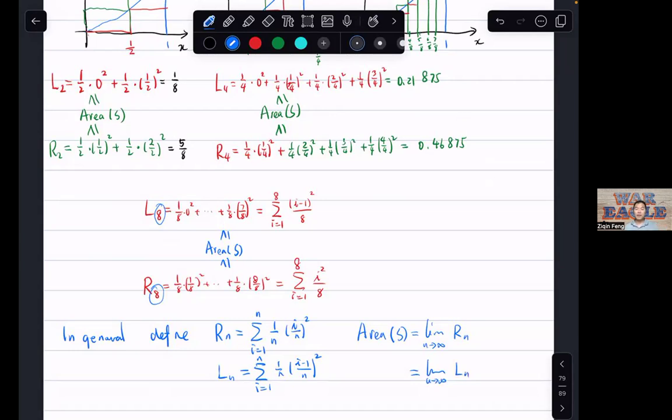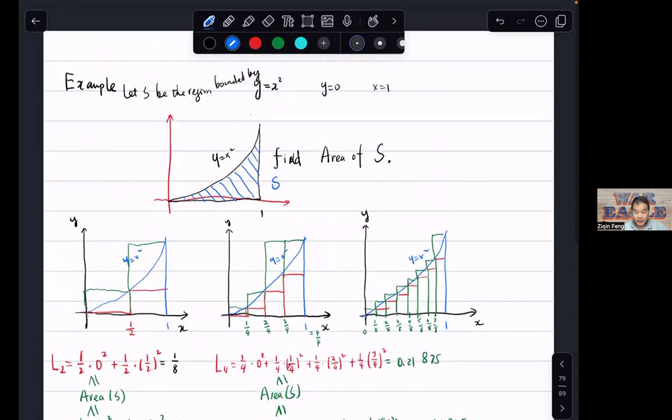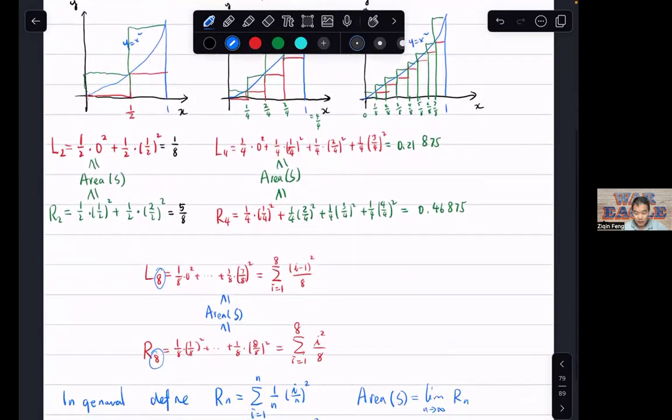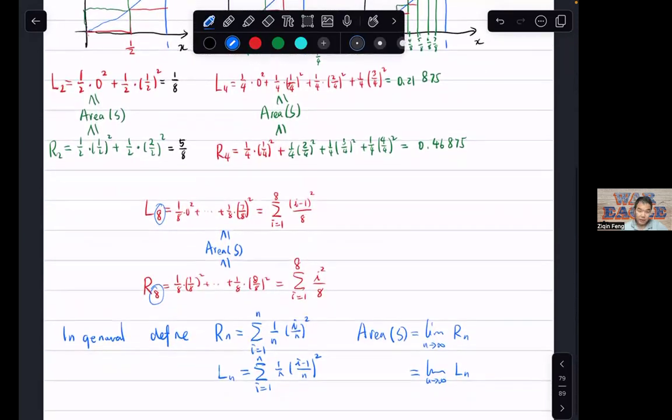So this is basically how we define integration. This is also the integral from 0 to 1 of x squared dx. This is how we develop the idea of approximation into a standard procedure. Eventually, we have such a definition here.